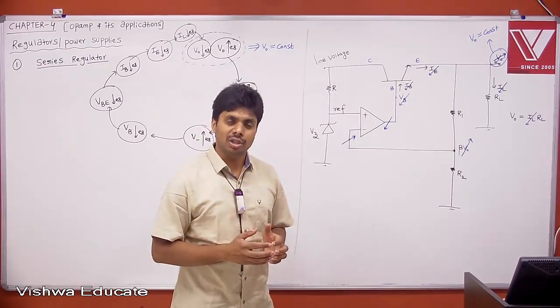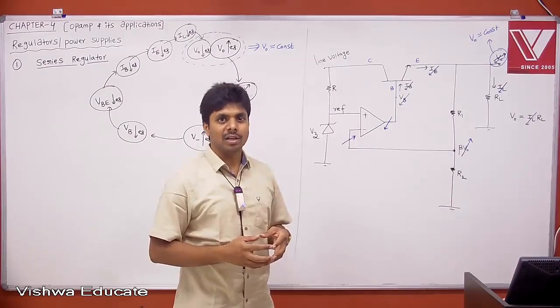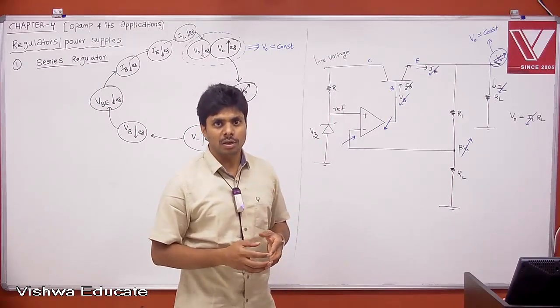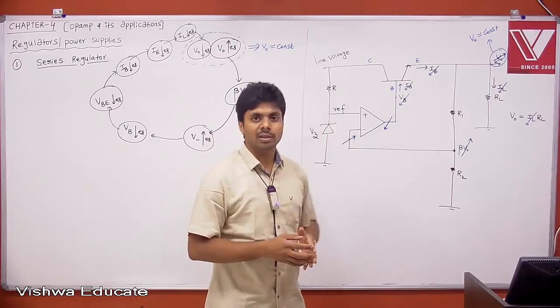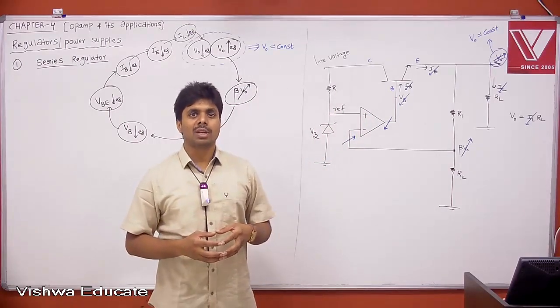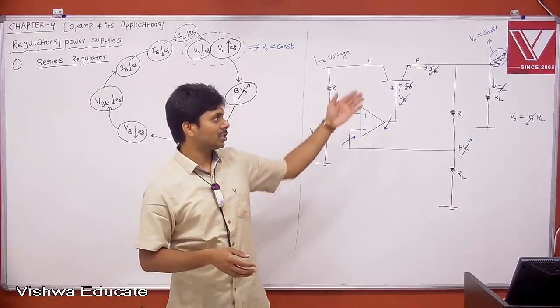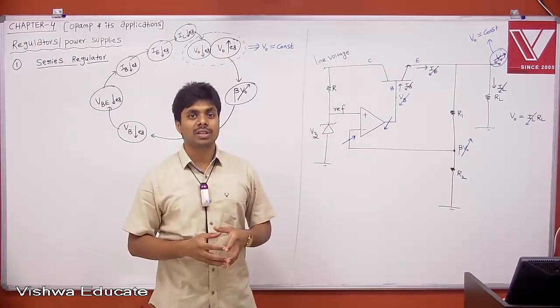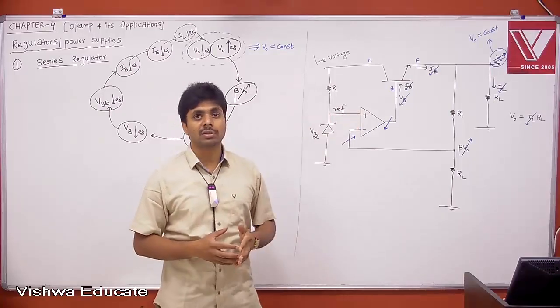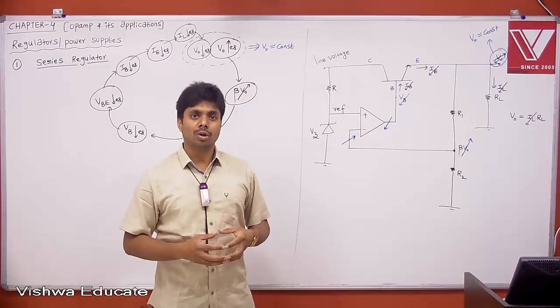When you enter higher education and design a regulator, a series regulator or LDO, low dropout regulator, where instead of BJT we can use MOSFET, then you'll understand what loop settling time is, meaning how much time it takes to correct your output voltage if there is a sudden change, either due to line voltage variation or load variation.